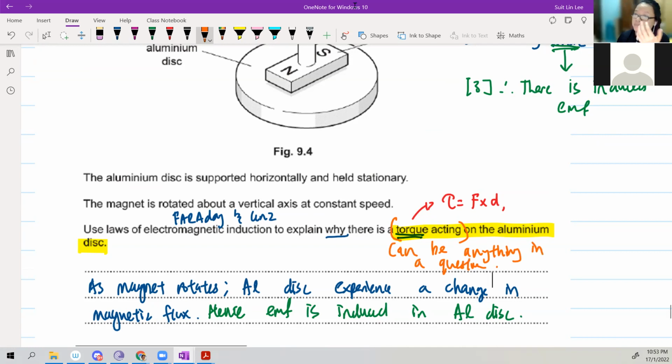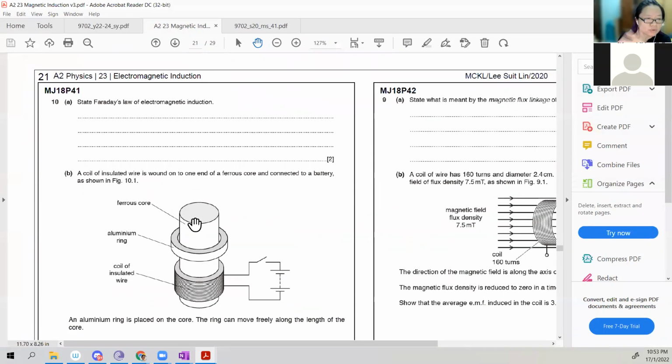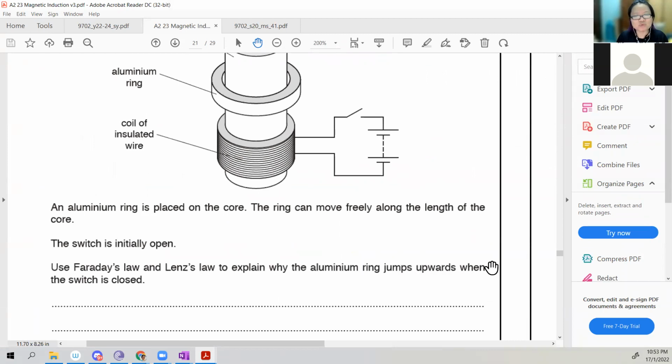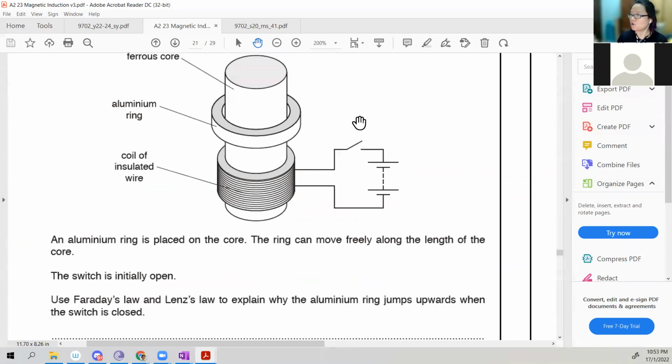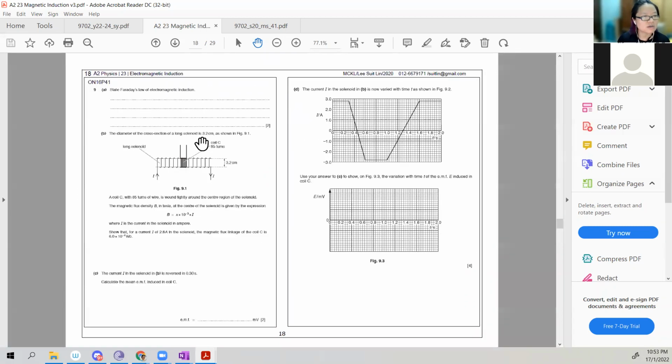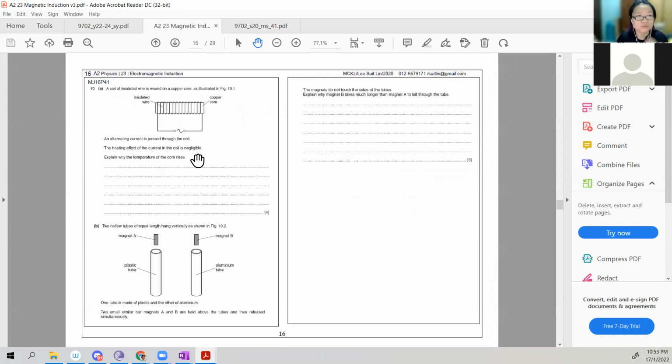For example, like this one, some I recorded already. They'll ask you, explain why the aluminium ring jumps. Wow, got torque, got jumping. What else after that? Got some more. You wait, you chill first. The recent one that is not here, I'll discuss with you.